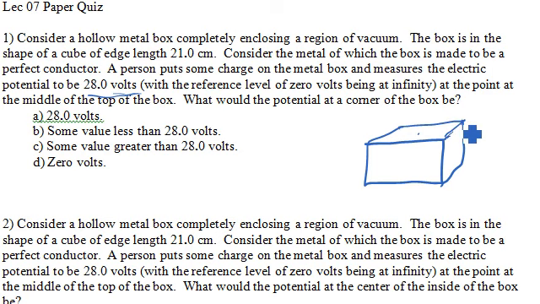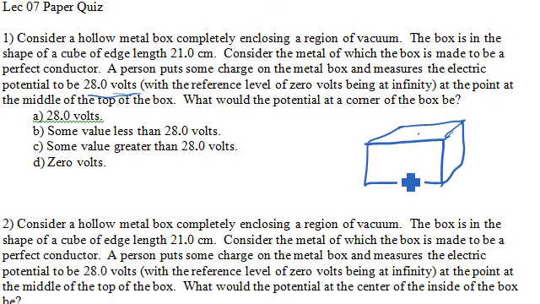Okay, if the box is a perfect conductor, then everywhere in and on the box, so inside the box and inside the material of which the box is made, the electric field is 0.